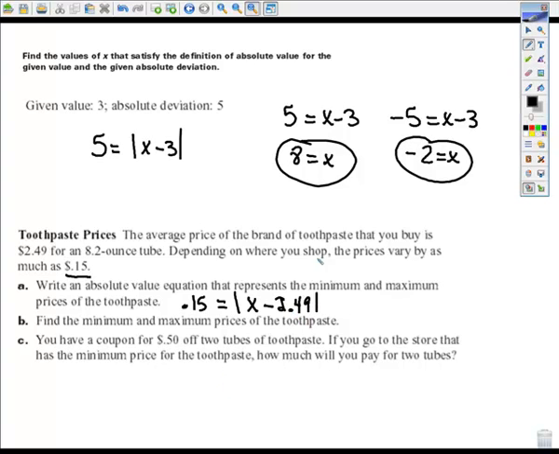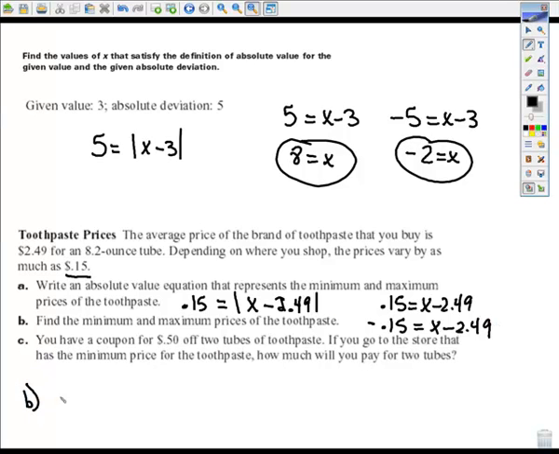So we're going to go ahead and solve this. We have the 0.15 or 15 cents equals x minus 2.49, and negative 15 cents equals x minus 2.49. If I add $2.49 to the 15 cents, it's $2.64.